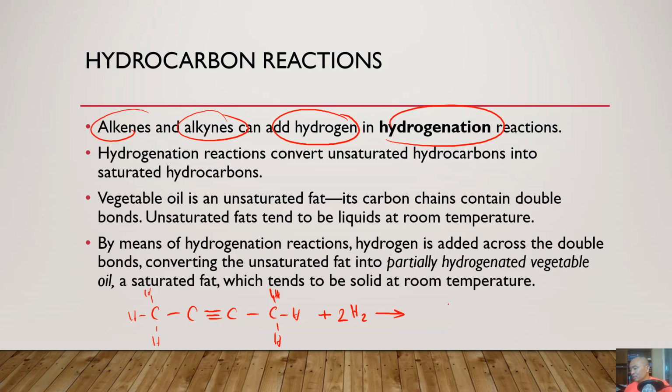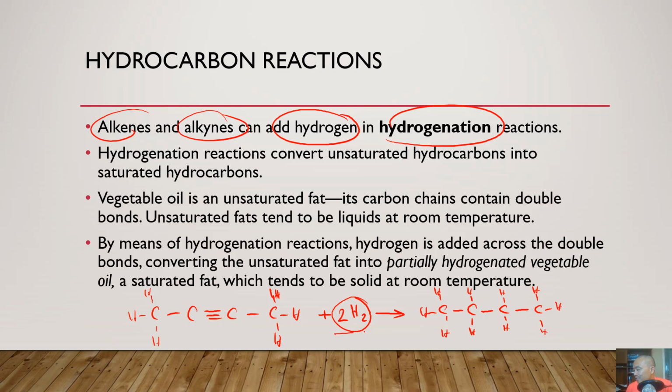So first thing you're going to do is break this triple bond and make it become a single. Once it becomes single, do remember those 2 carbons, as you can see over here. This carbon only has 2 bonds, and the other carbon also has 2 bonds. So you will need 2 more hydrogens to fill up the position. So that will be the product after you do the addition reaction, also called hydrogenation reaction with hydrogen.